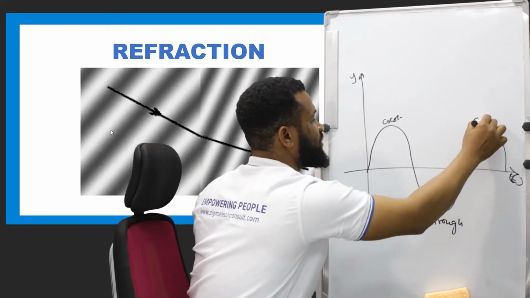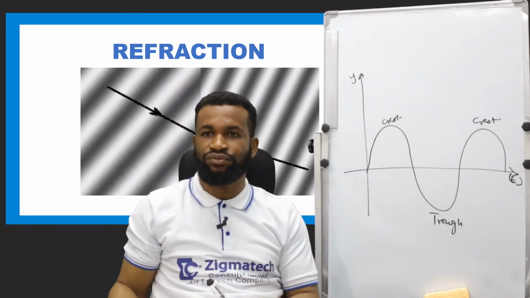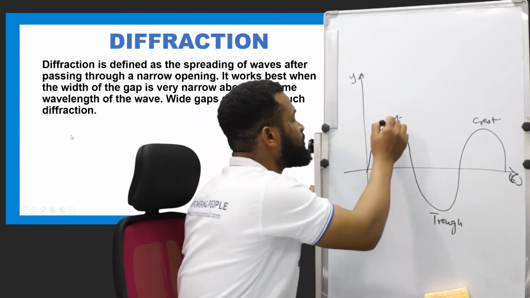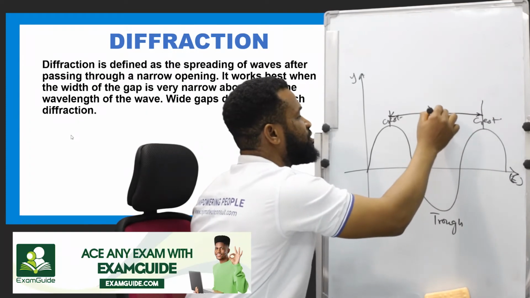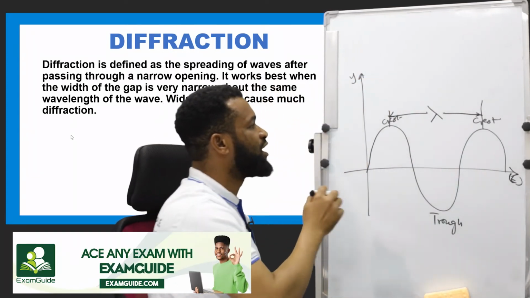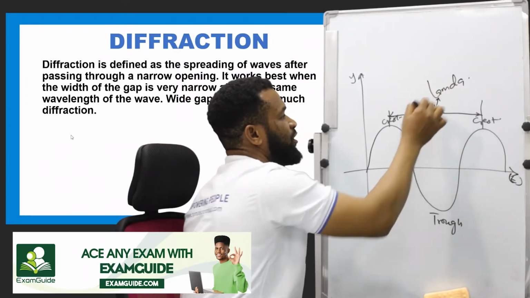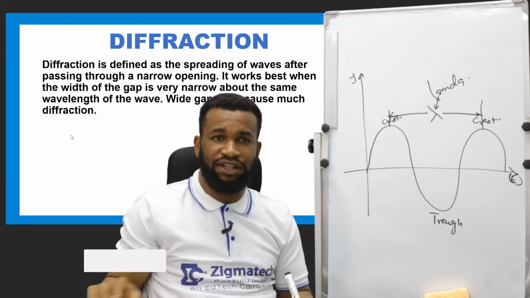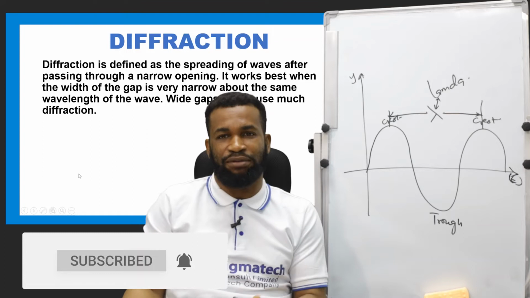And this is another crest. So when I'm talking about wavelength, I mean from this point to another point. It is represented by this letter called lambda, which is used to represent wavelength. The wavelength is measured in meters, so it's just about length.